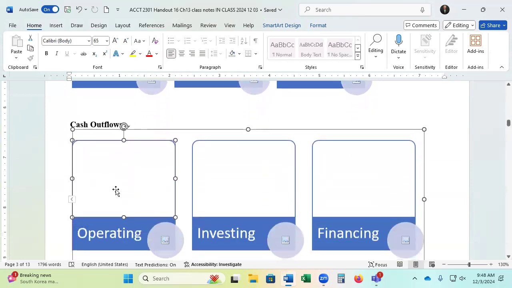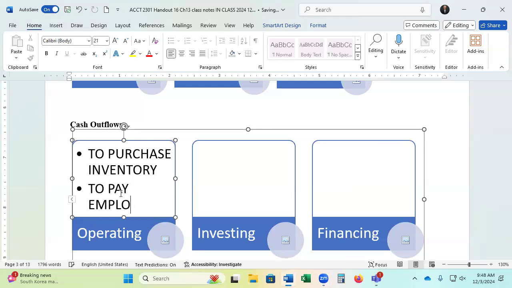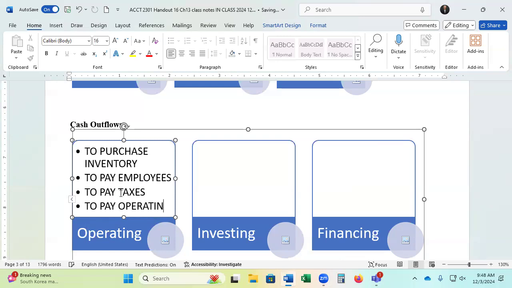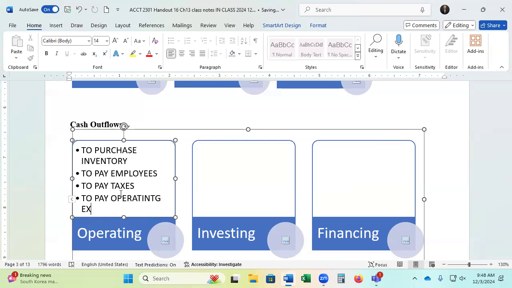Now we're going to talk about what are some cash outflows. So for operating, you have to purchase inventory, to pay employees, to pay taxes, pay operating expenses.